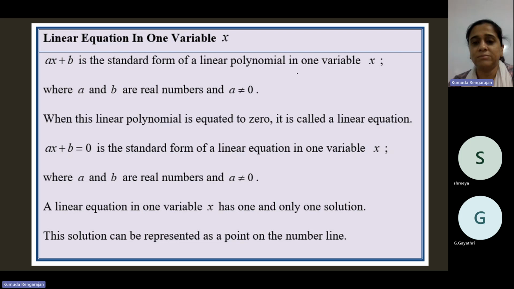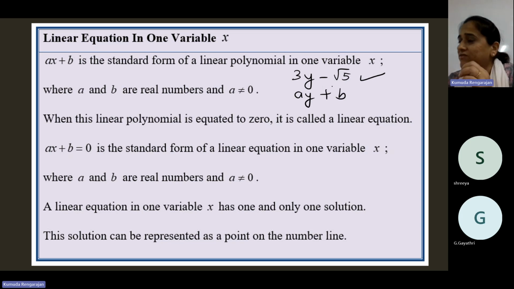Now take this example, 3y minus root 5. Compare this with ay plus b because the variable is y. Change the variable according to the expression. So 3y minus root 5 is a linear polynomial in one variable y.